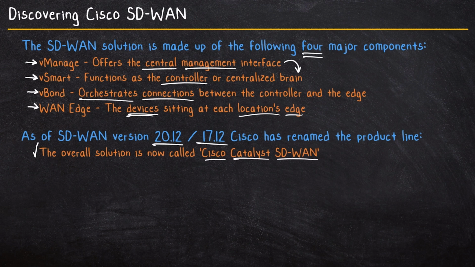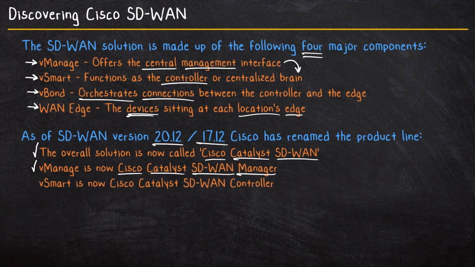So they changed the overall name from just SD-WAN to Cisco Catalyst SD-WAN. Then each component also got renamed. vManage is now referred to as the Cisco Catalyst SD-WAN Manager. vSmart now becomes the Cisco Catalyst SD-WAN Controller.